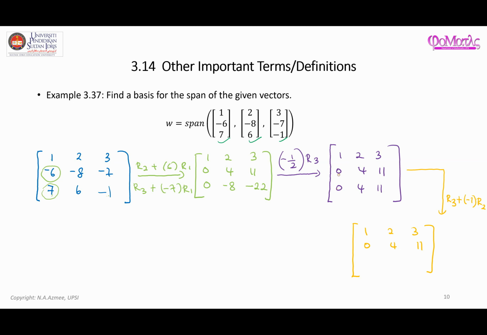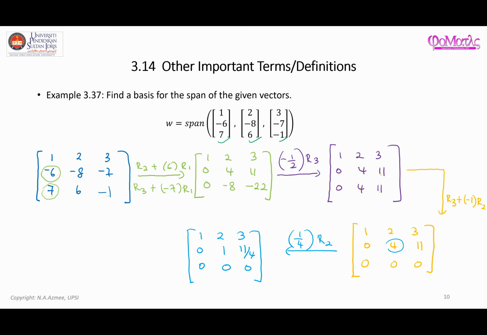So 0 minus 0 is 0, 4 minus 4 is 0, 11 minus 11 is 0. Next, I'm going to change this to be equal to 1. So 1 over 4 multiplied with the second row. The result is 1, 2, 3, 0, 1, 11 over 4, 0, 0, 0.